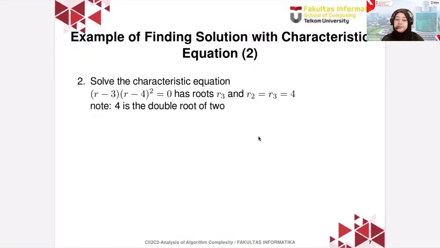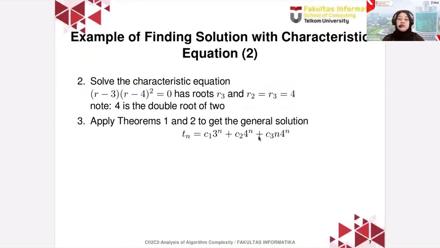Okay, and from here, we get that the roots are r1 equal to 3, and then r2 and r3 equal to 4. So you can see that 4 is a root twice, right? So it is a double root.